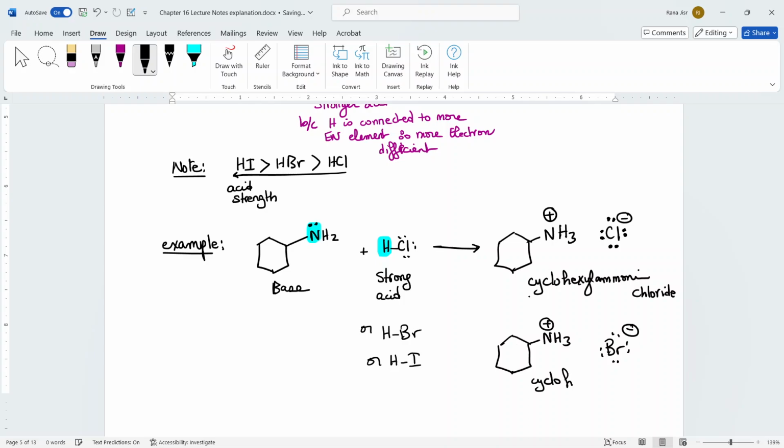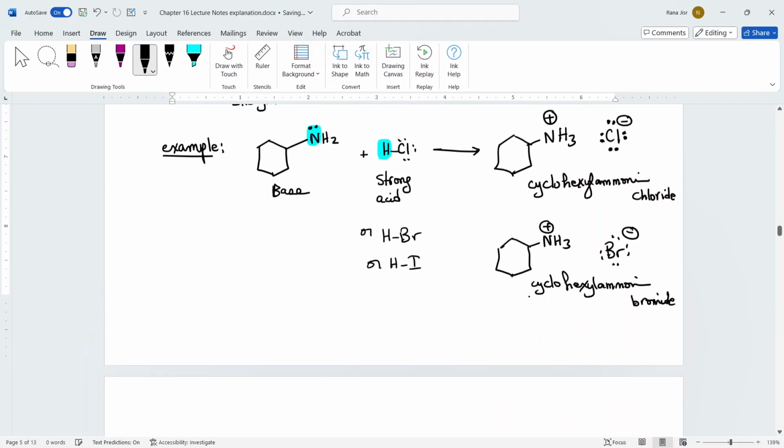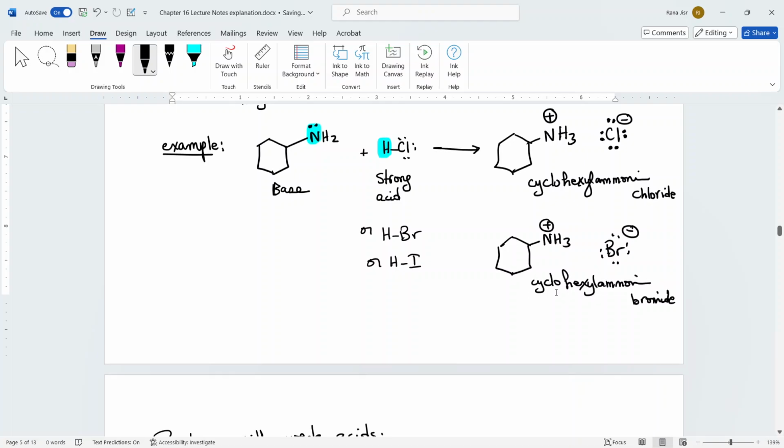So cyclohexyl ammonium bromide. And this is the same thing for the iodine. It's going to be a cyclohexyl ammonium, and then if I have an I minus, it is going to be an iodide in there. All of these are considered to be salts, and the reason why they are salts is because a salt has a positive part and a negative part. Okay.